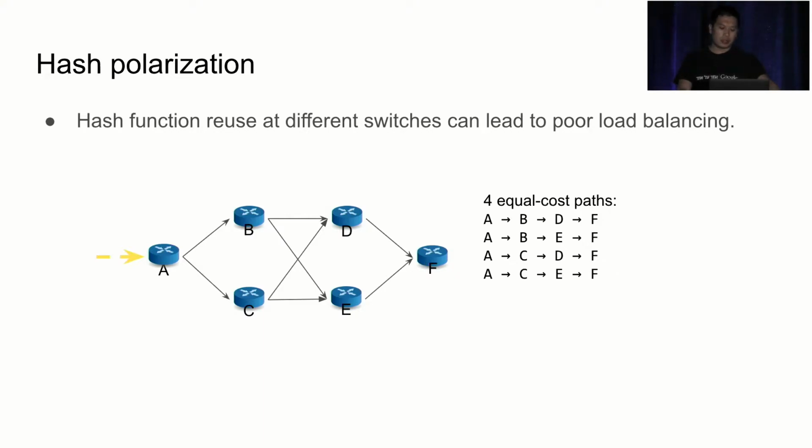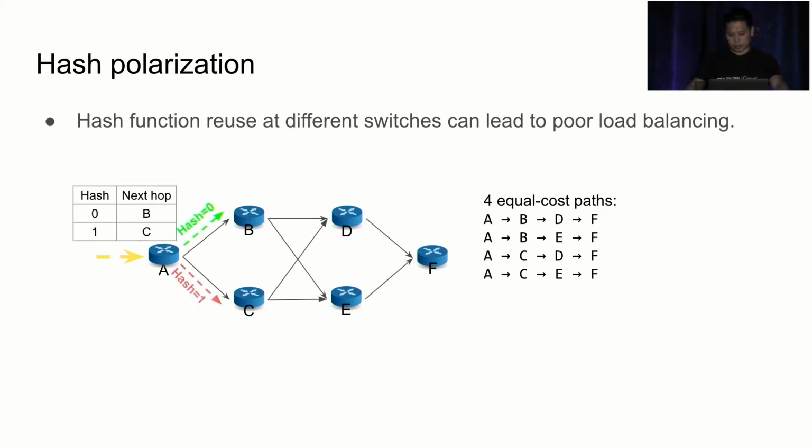Between node A and node F, there are 4 equal cost paths. So ideally, we want to utilize all of them equally. So when traffic comes into A, it has only 2 next hops to go to. If the hash value of the packet headers is 0, then you forward it to B. If it's 1, you forward it to C. The problem arises at node B. What if you use the same hash function as A?